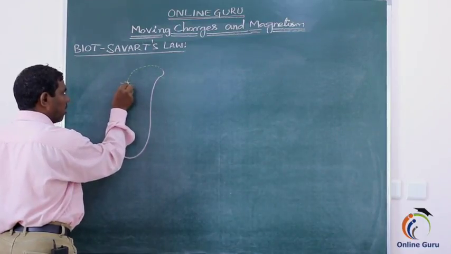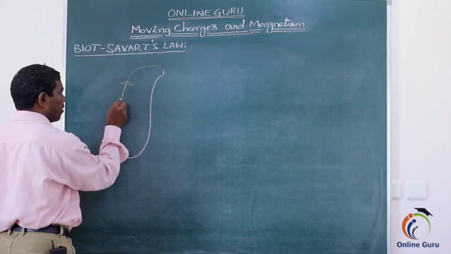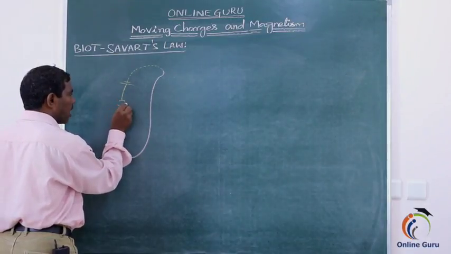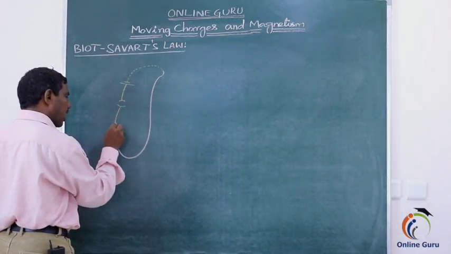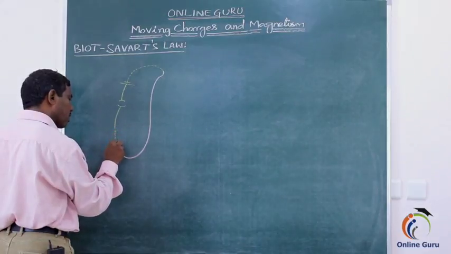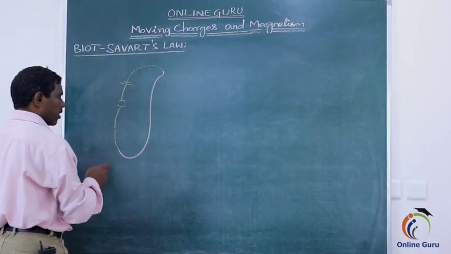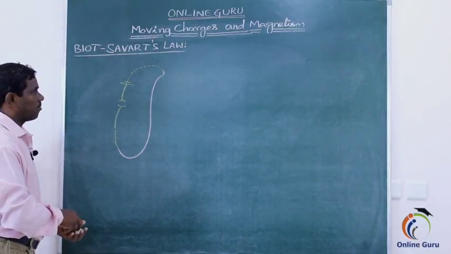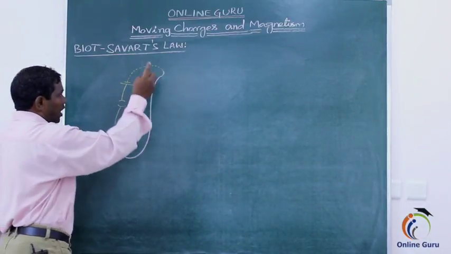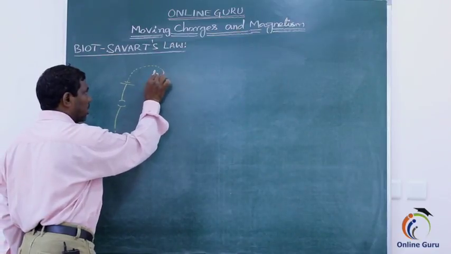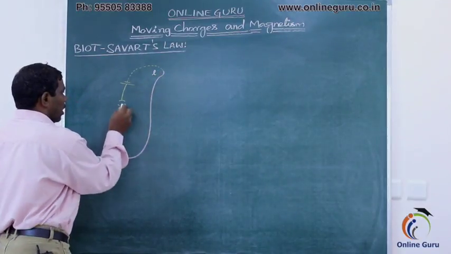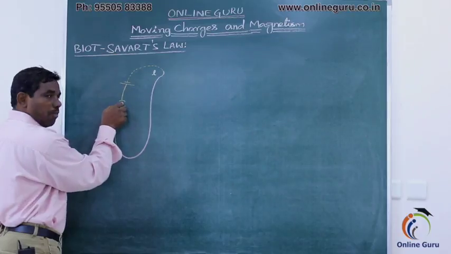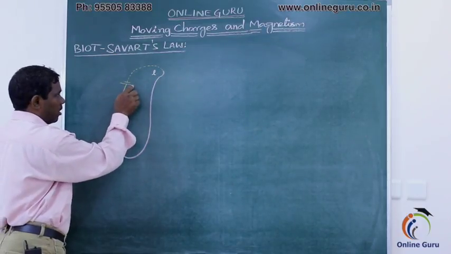The second end of the battery is connected through a one-way plug key. The second end of the one-way plug key is connected to the other end of the infinitely long conductor of length L. The key is used to make or break the circuit.